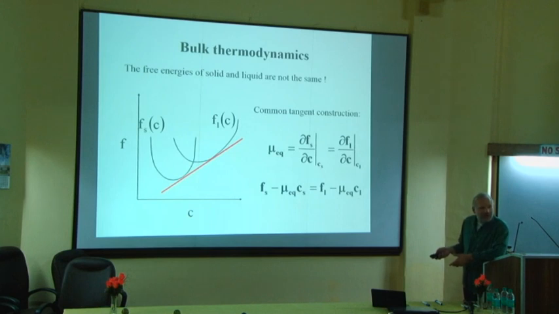Their equilibrium is given by the common tangent construction, and the common tangent construction is equivalent to these two formulas, that is equal chemical potentials in the two phases and equal, in quotes, grand potential in the two phases. And of course, if you look at this graph, the two points where the double tangent touches are here, and of course, you see that the free energies of the two phases are not the same.